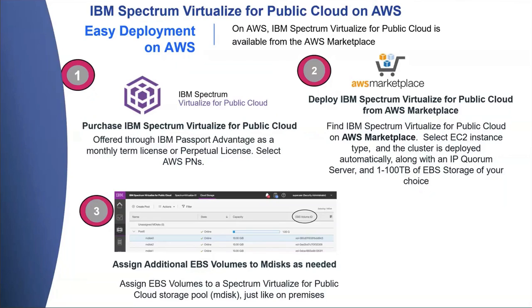You'll see a landing page, and there are some options to fill in to select your EC2 instance and your EBS storage. And you can always add more EBS storage after you configure your initial cluster. It deploys in about 15 minutes in an existing VPC, so it's very quick. And when you go to AWS Marketplace, you'll see the landing page, which I think is on the next slide.